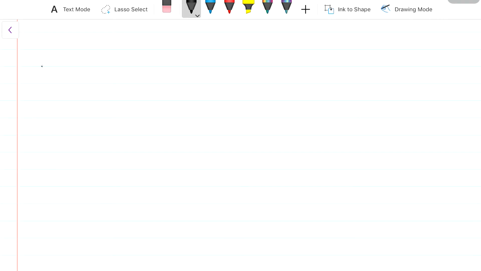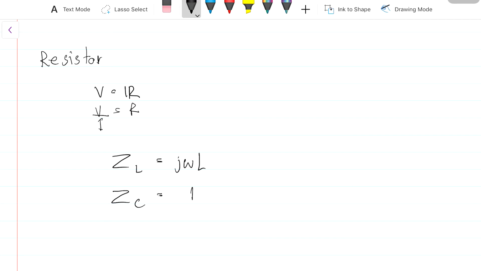So the impedance of the resistor follows Ohm's law, V equal IR, and the impedance is V over I equals R. So in conclusion, the impedance of the inductor is equal to j omega L, the impedance of the capacitor is 1 over j omega C, and the impedance of R is equal to R. So that's it.